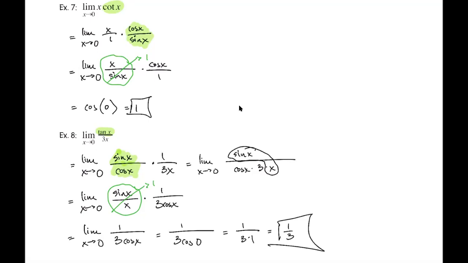So you should at least mentally try the substitution and convince yourself you get 0 over 0, and that's why you have to do all the other stuff. Does that make sense? Convince yourself that you have to do the other work, right?